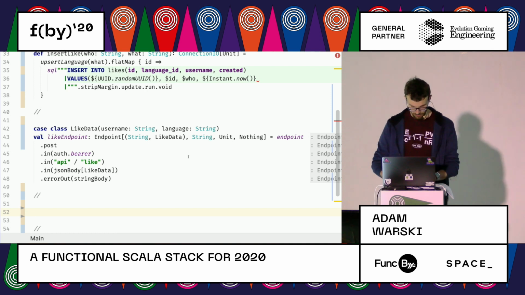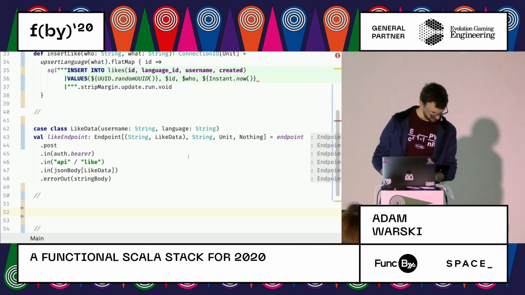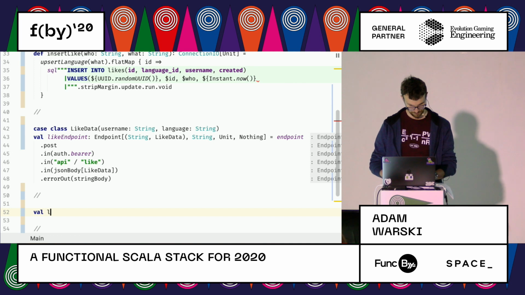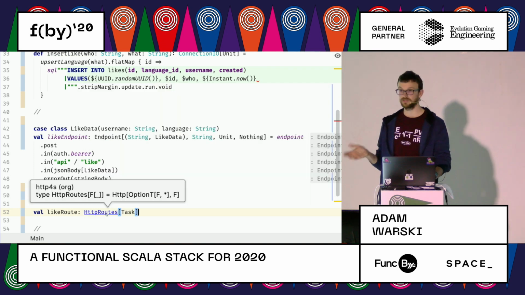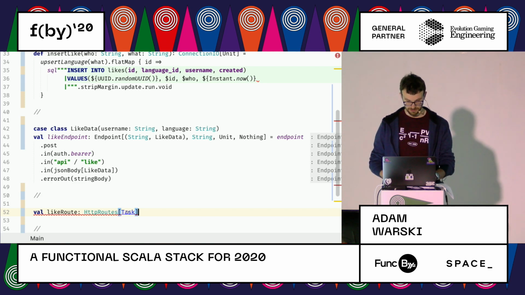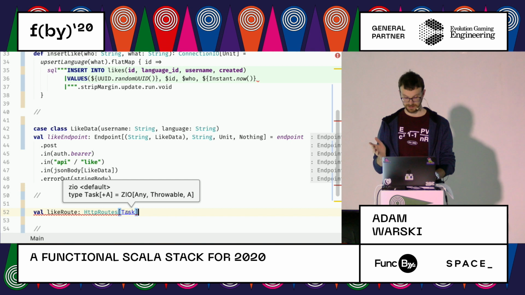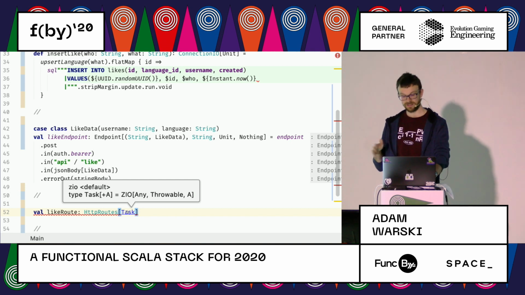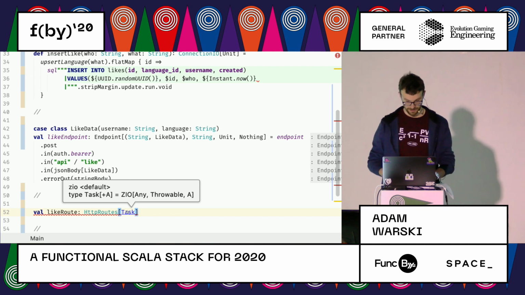Okay, so what we'll do is we will define our route, which will be an HTTP routes. This HTTP routes value is the HTTP4S type. To constrain side effects, we will use the ZIO Task. The ZIO Task is a description of an arbitrary side effect which might throw arbitrary errors.